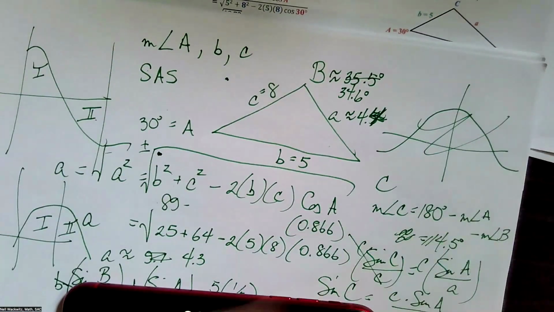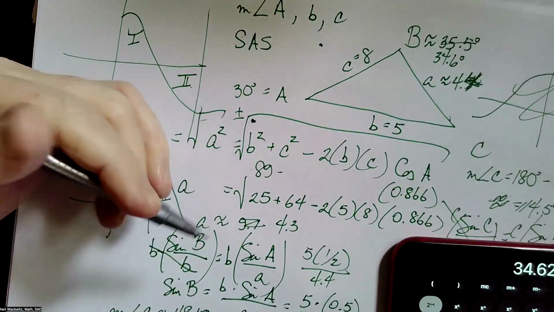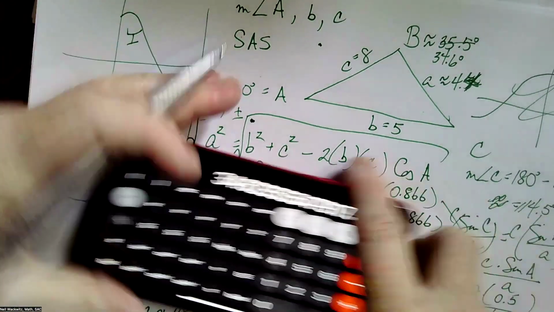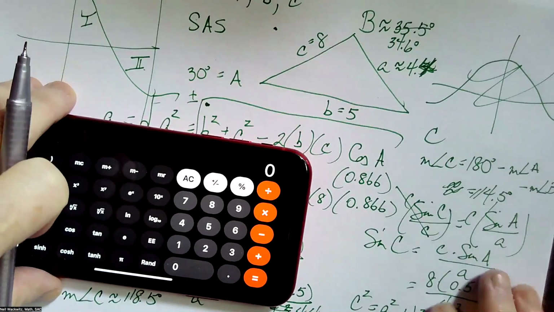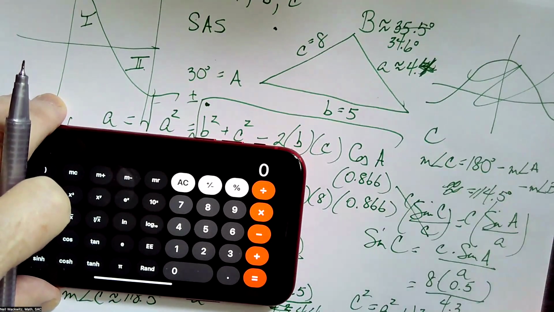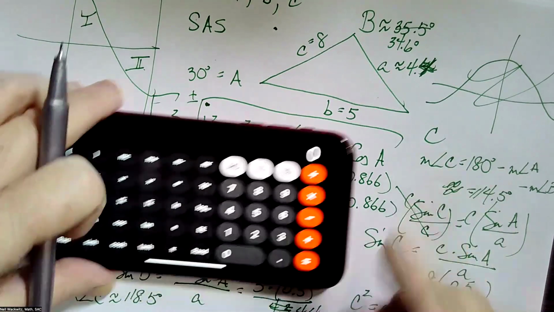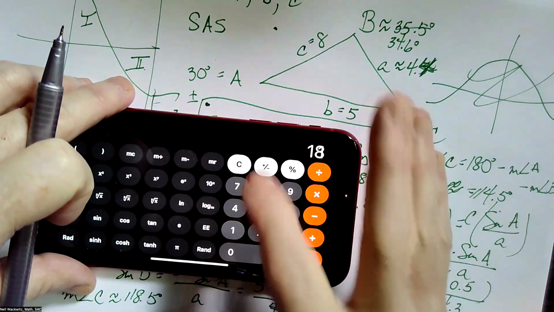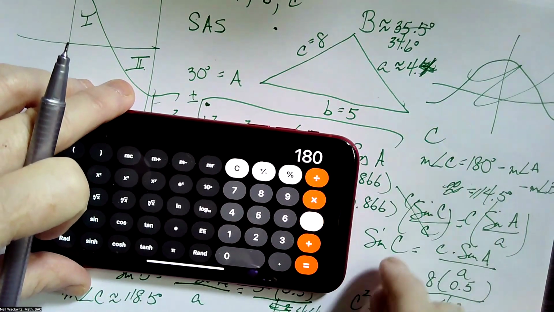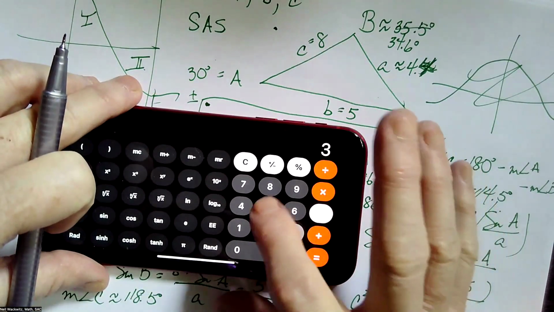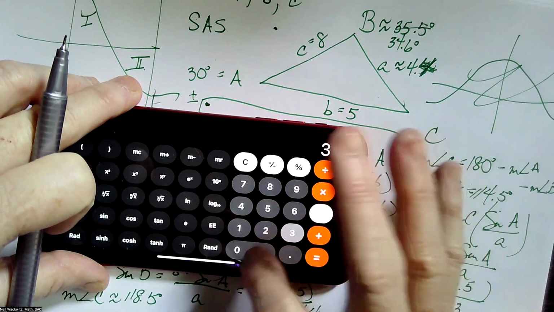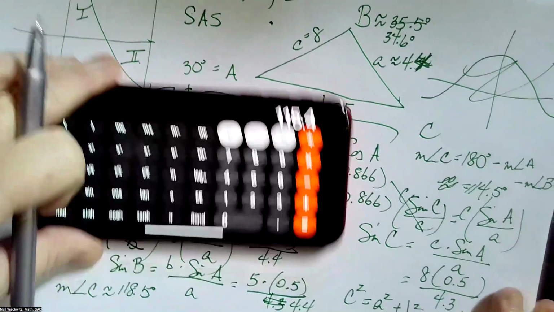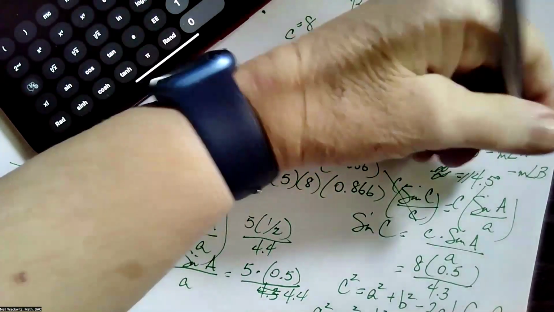Okay, and now that means that the angle we're comparing the next value with is going to be 180 minus 34.6 minus 30, 115.4.